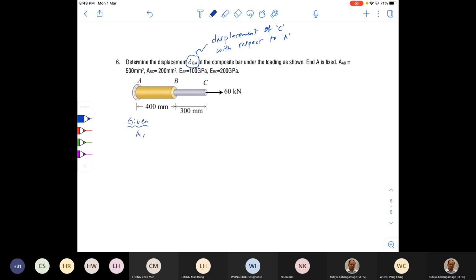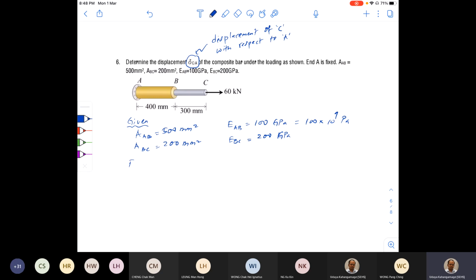A of AB is given as 500 millimeters squared, and A of BC 200 millimeters squared, and E, Young's modulus of AB, 100 gigapascal. So that means 100 into 10 to the power 9 Pascal. Right? E BC 200 gigapascal.